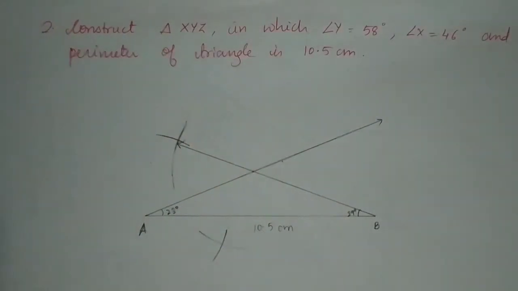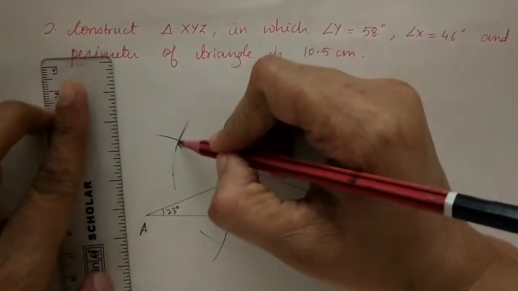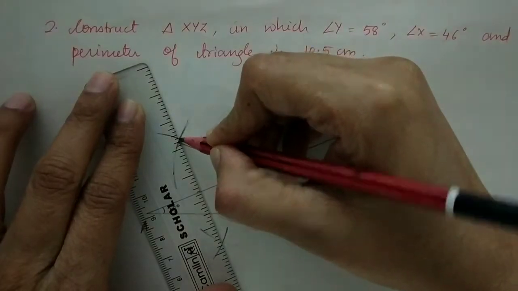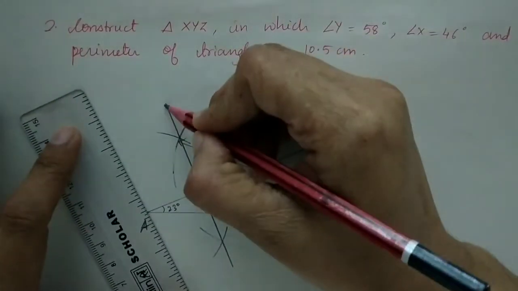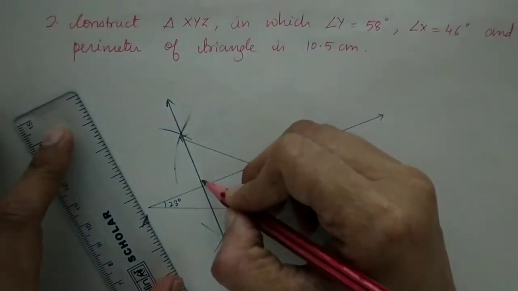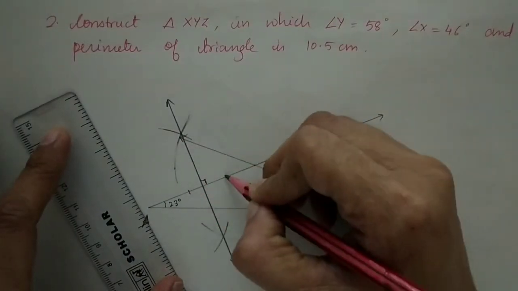Then similarly on this, let me draw a line here. So this is the point and this is the intersecting point of two arcs. So this is my perpendicular bisector of one side and this is equal to this.